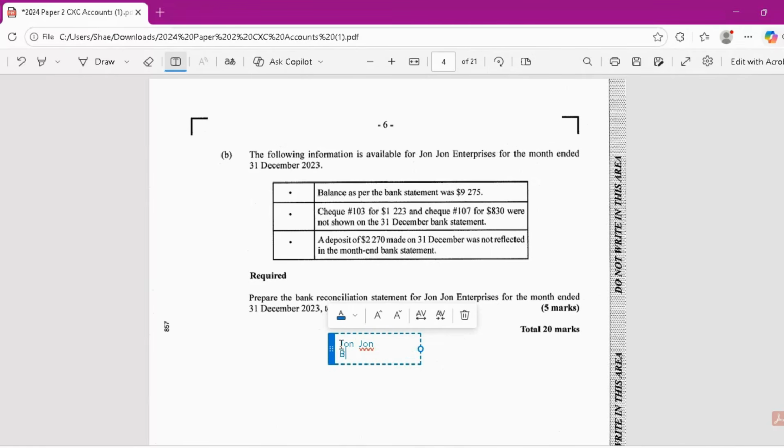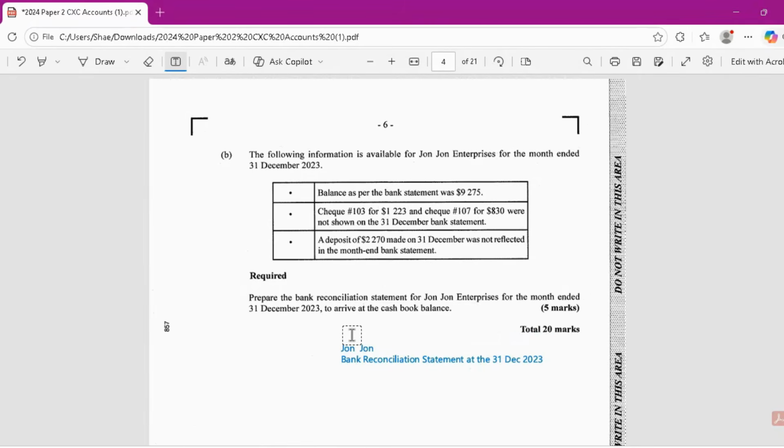Please head up your statement, bank reconciliation statement, 2023. All right, good. So that's the heading.